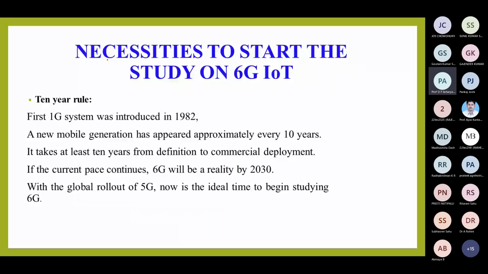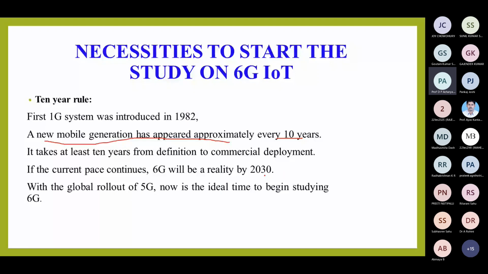What are the necessities to start the study on 6G IoT? The first 1G system was in 1982. And what you can see is that a new mobile generation has appeared approximately every 10 years. So with that rate, 6G is expected in 2030.